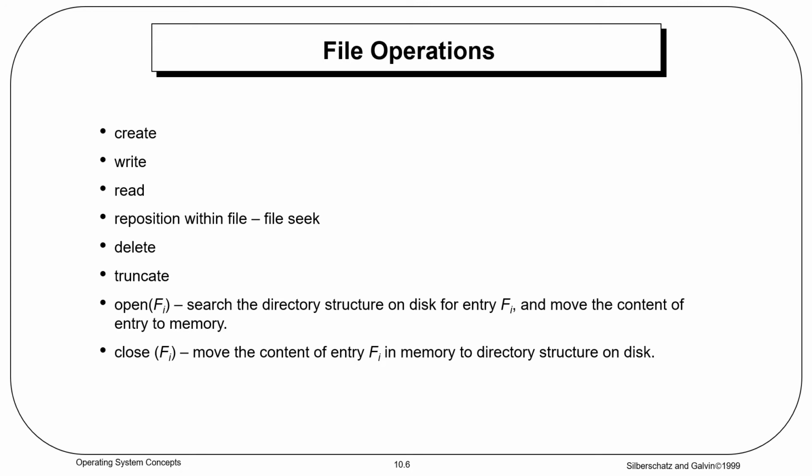The operating system can provide system calls to create, write, read, reposition, delete, and truncate files. Let us examine what the operating system must do to perform each of these 6 basic file operations.